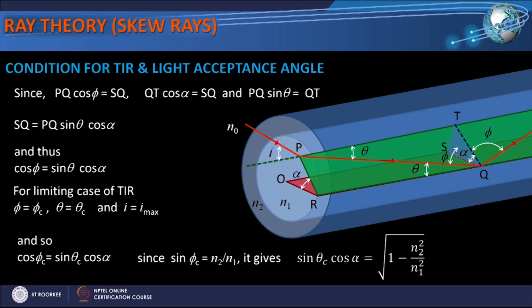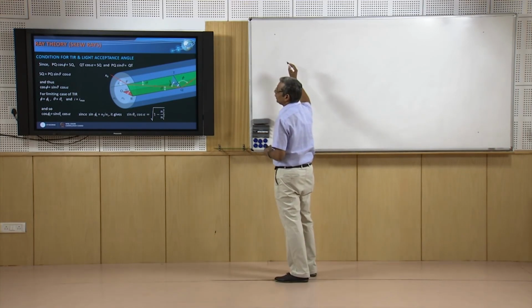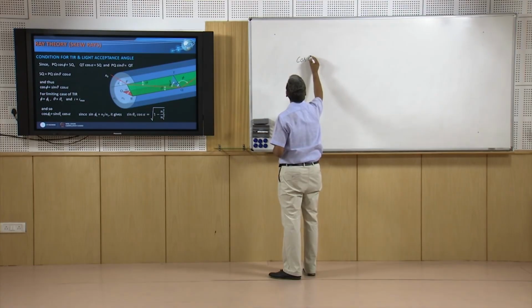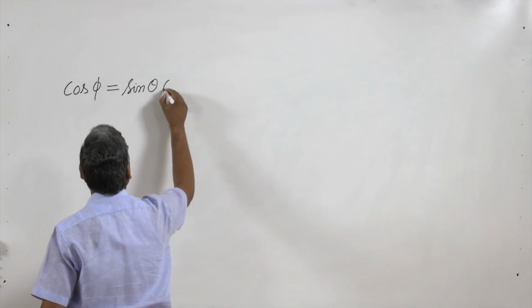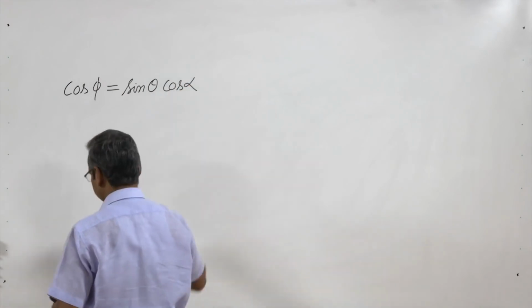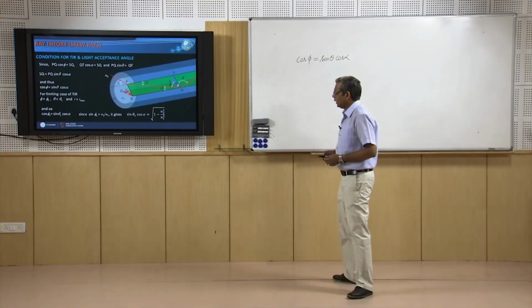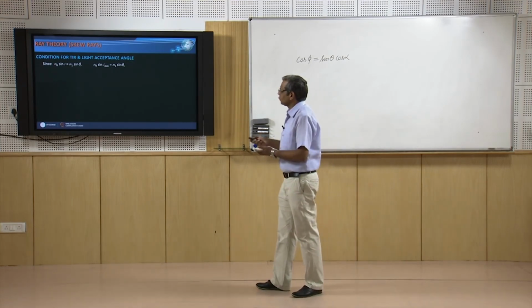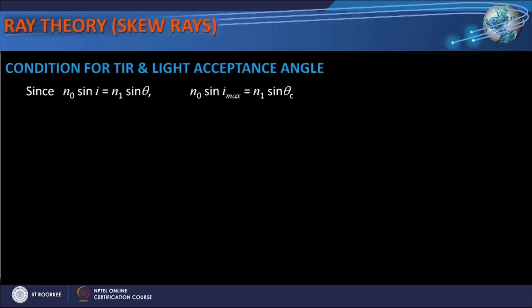So, let me write this one down, which I will use later also, that cos phi is equal to sin theta cos alpha. Well, now since from Snell's law I have already seen that n0 sin I should be equal to n1 sin theta.